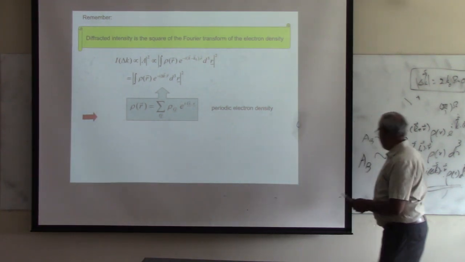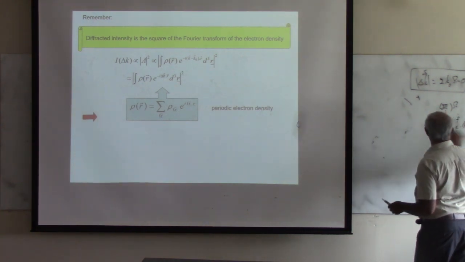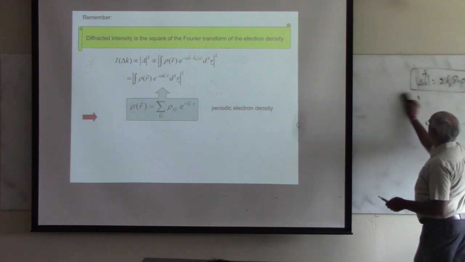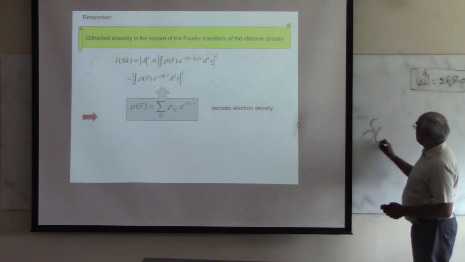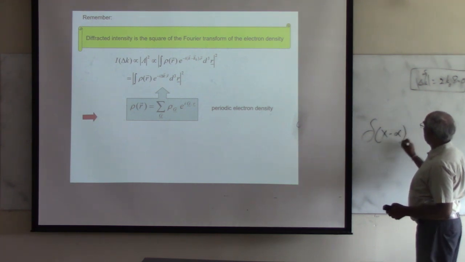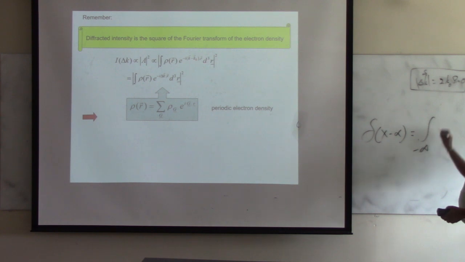I don't know how much you are familiar with the integrals of the delta function. Anybody remember x minus alpha? What's the delta function? Typically it is the integral of e to the i x minus alpha times p dp, right?